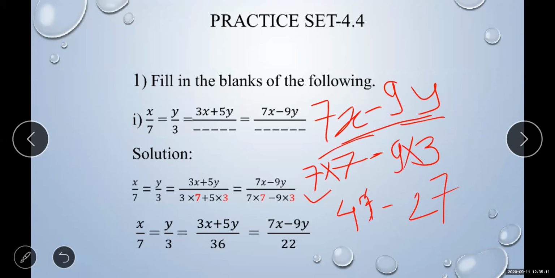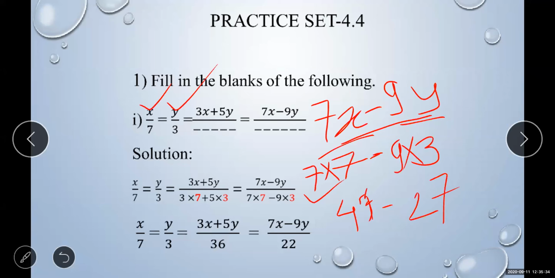So in this manner, you have to find out the answer. Yes, if the numerator or sometimes the denominator is given, you can find out the answer. I hope you understood how to find it out. Just check which coefficient the numerators are multiplied by. Do the same thing with the denominators.